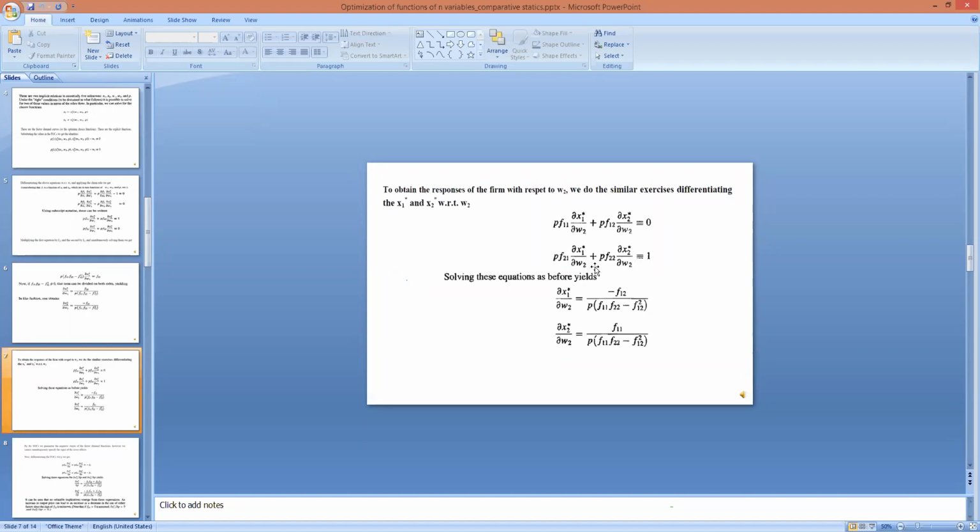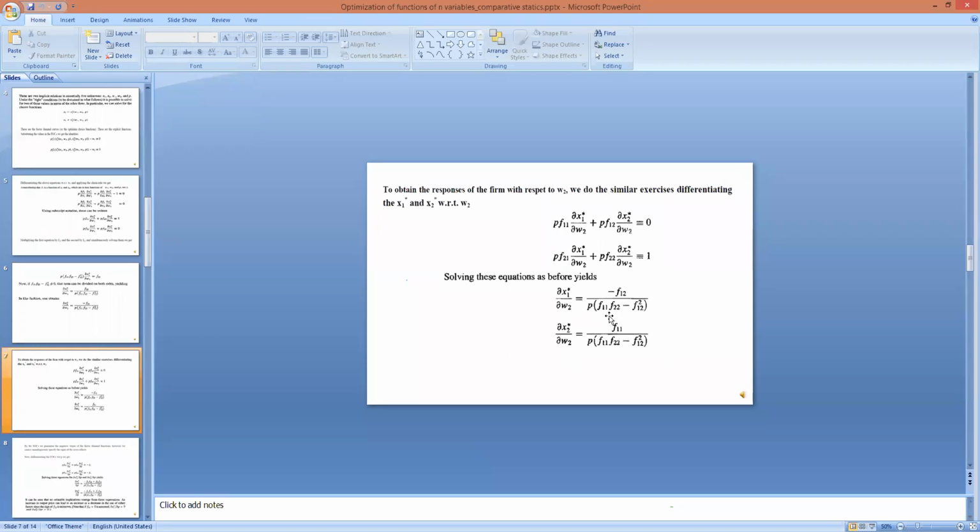And as I mentioned, in the second equation there will be one -1. So that -1 we can put on the right-hand side, so it is equivalent to 1. Now, once we get these two expressions, we can simultaneously solve these two equations to get the values for del X1 star by del W2 and del X2 star by del W2.